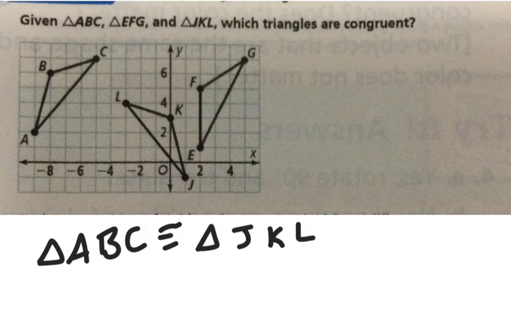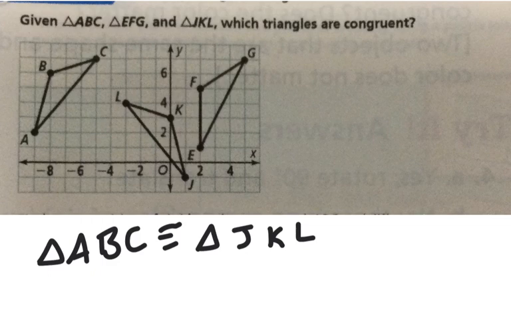Right? So let's try to move ABC to FGE. Okay? So it looks like if this one will map onto this, they're already in the correct orientation. I just got to slide over, right? So how far do I have to move C over to get to G? 1, 2, 3, 4, 5, 6, 7, 8, 9, 10.